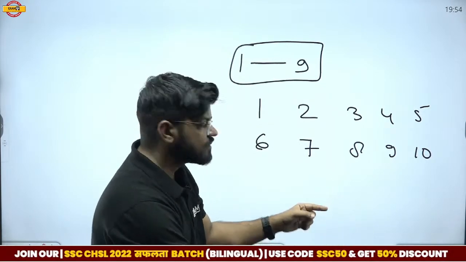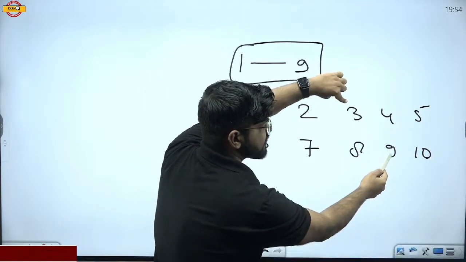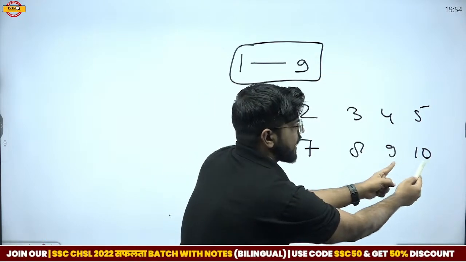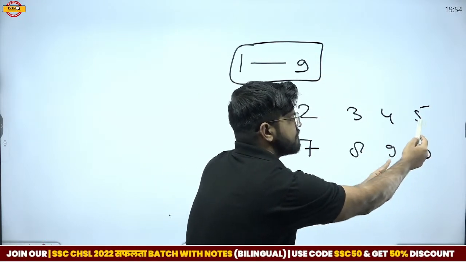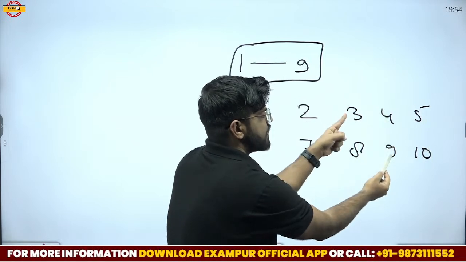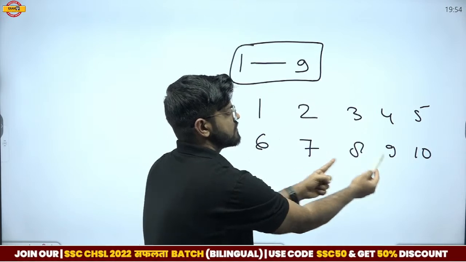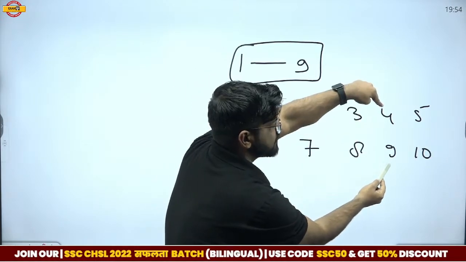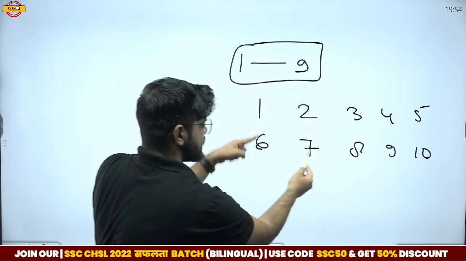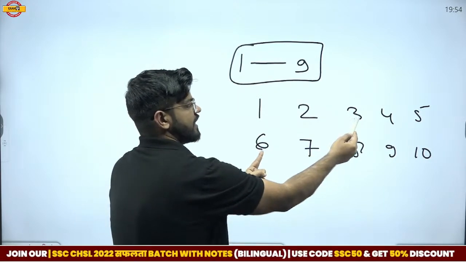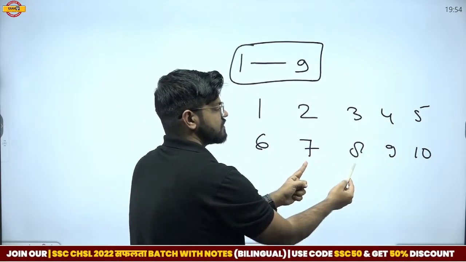Are you with me? 27, 90, 45, 34, 27, 72, 16, 21, 72, 36, 18, 42, 18, 28, 56.